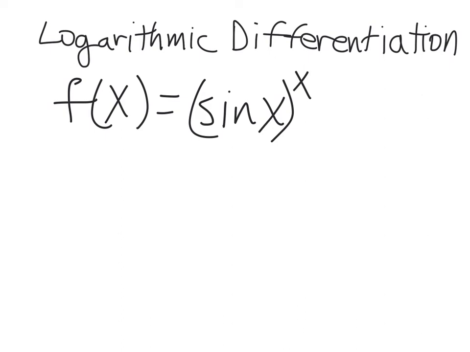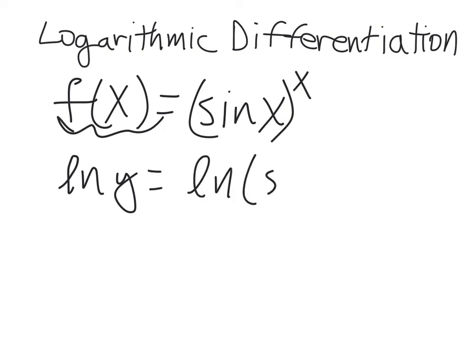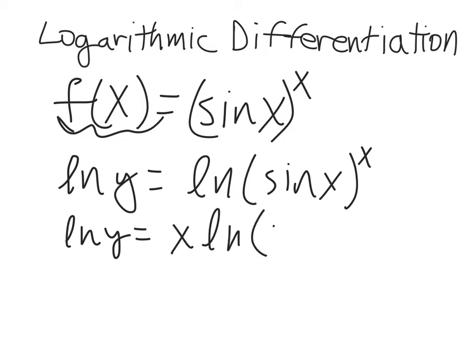How would we find the derivative of this? Well, we've got to change it to a logarithm, and we can call that y. Natural log of y, x times the natural log of sine x. And now we're in the form that we can take the derivative.